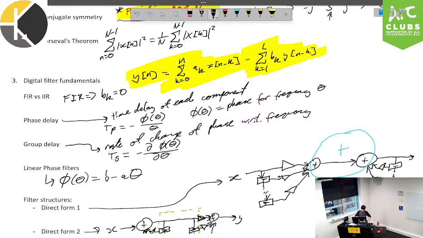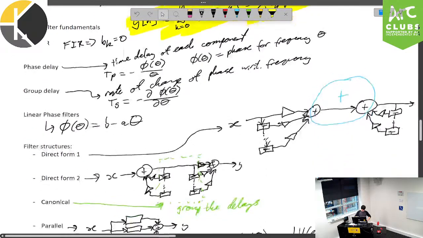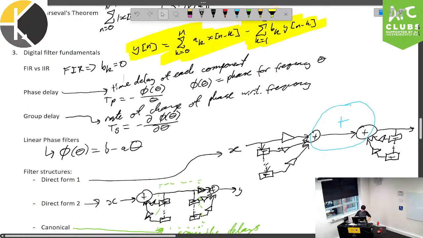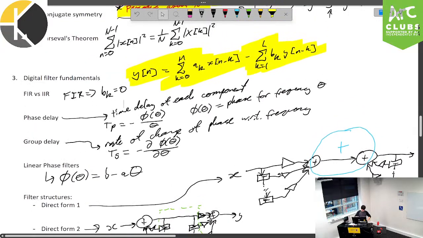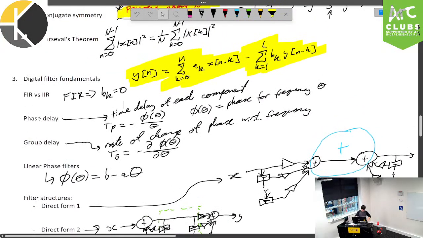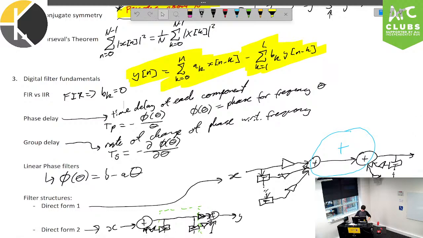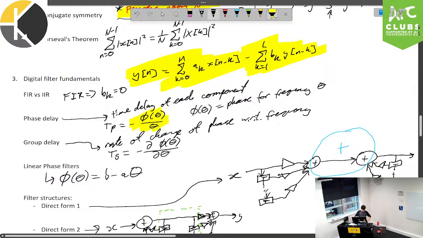This brings about phase delay, group delay, linear phase filters, and then certain filter structures. Okay? So for phase delays, we're only talking about, at specific frequencies, what is the delay we observe within that region? So it's just given by this little formula.